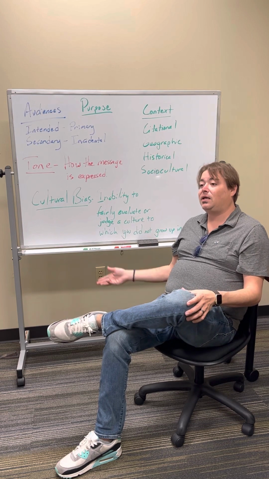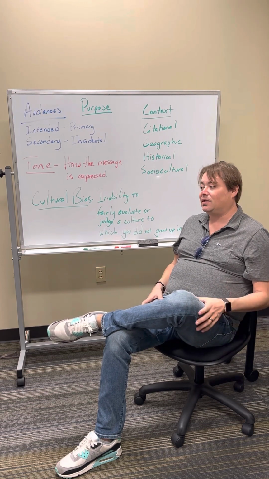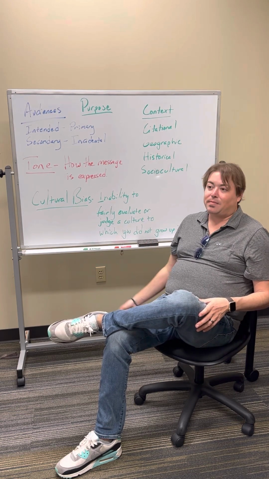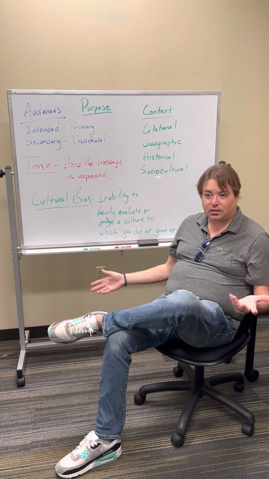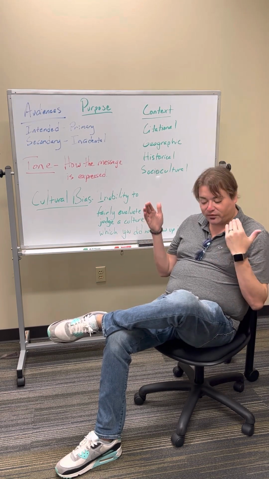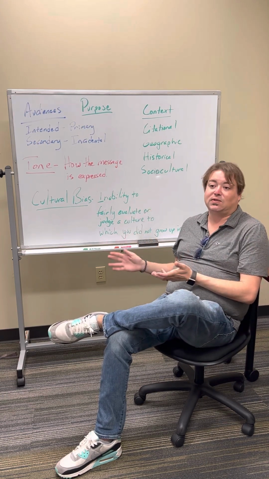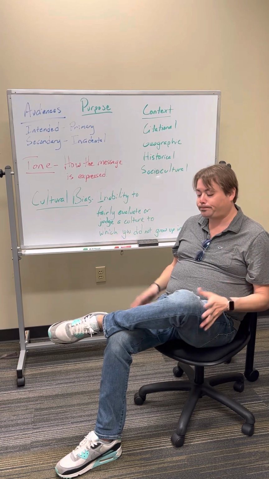Same thing with academic writing versus popular writing. The new Stephen King book is going to be for a much broader intended audience than, say, a report on gerrymandering in Louisiana's southern parishes or something like that. That's going to have a very specific audience, whereas Stephen King is going to go on the bestseller list, and lots of people from all different walks of life are going to read him.